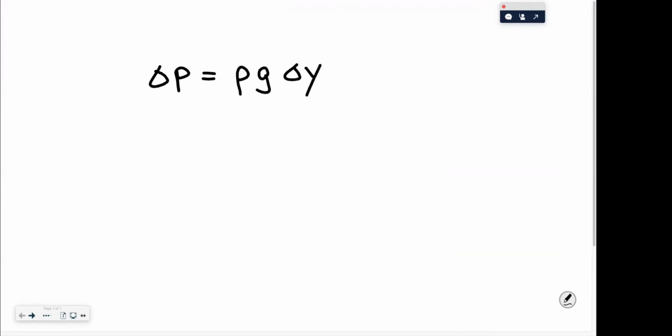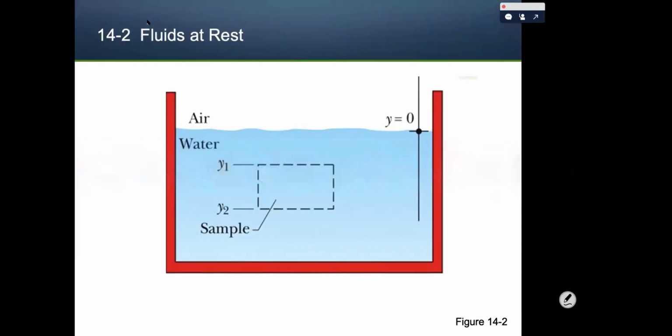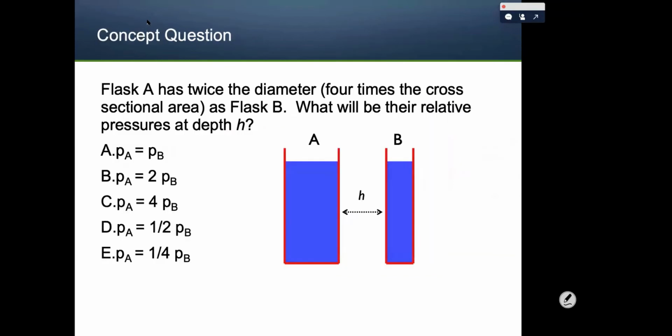So here's a concept question for you. Pull out your Top Hat devices again. You have two flasks that are circular. One has a diameter that is twice the other. Flask A has a diameter that is twice the diameter of flask B. What will be the relative pressures? It's the same fluid, let's say water.